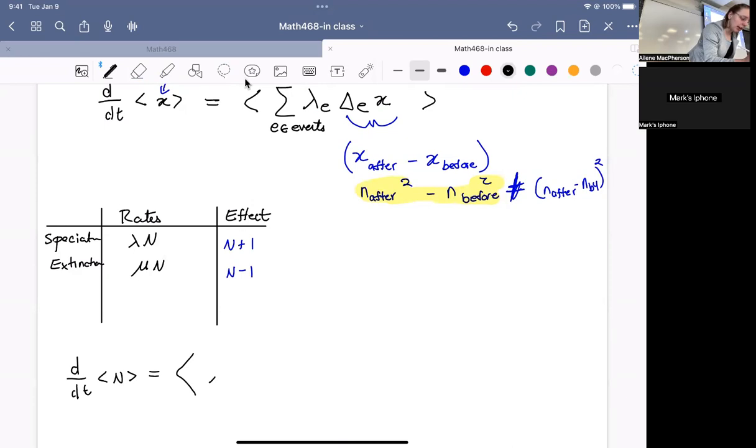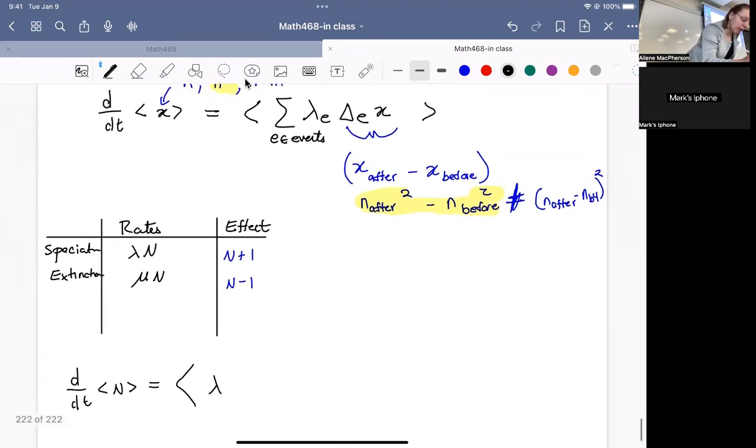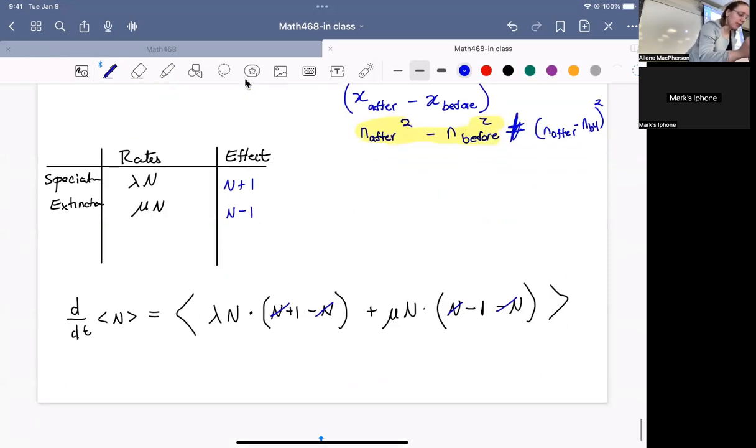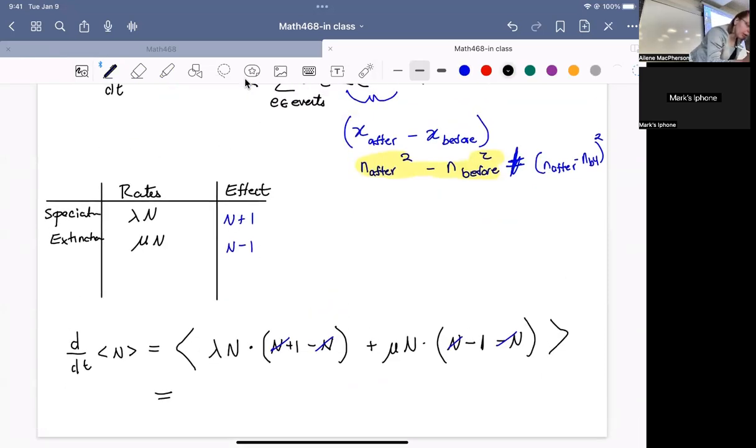The first one is a speciation event, which occurs at rate lambda n. Then I have the effect of the speciation event, so I have n after minus n before, plus if I had an extinction event times the effect of an extinction event, which is n minus 1 minus n. Okay, so this n is going to cancel with that. This n is going to cancel with this. And I get that this is equal to the expectation of lambda n plus mu n.